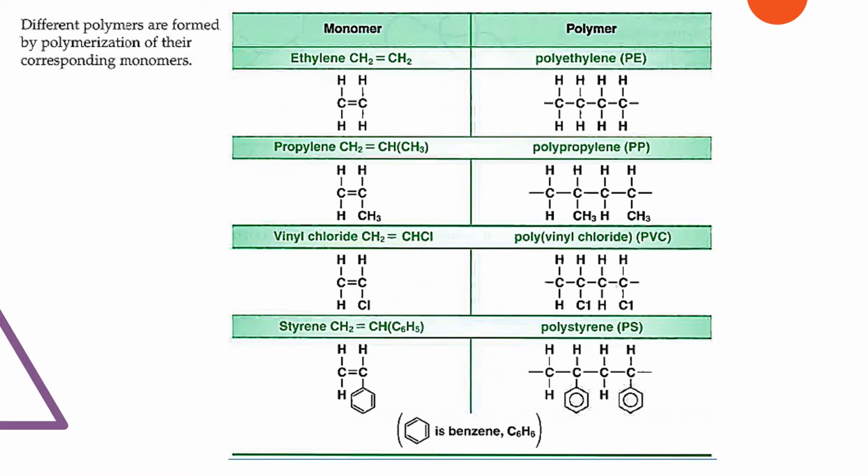So here we can see polymerization of these monomers making these polymers. So here you have ethylene, you have polyethylene, you have propylene, and you have polypropylene, okay? You just add poly in front of it. So this is just abbreviation that they use in the plastic world. So you have PE, PP, PVC, PS.